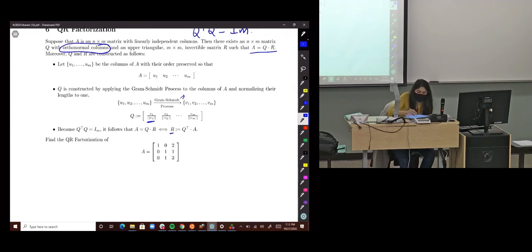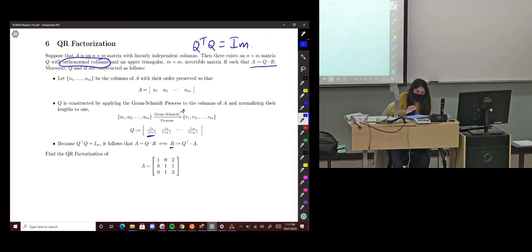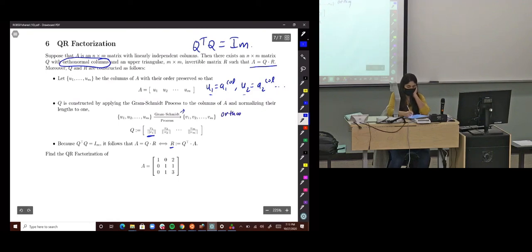So let's say you were given a matrix A which had linearly independent columns. How would you find the QR factorization? Well, you'll take A and you will create a set of vectors U1 to UM, where U1 is the first column of A, and U2 is the second column of A, and so on. Then from this set of vectors, you will do the Gram-Schmidt process and you'll get a set of orthogonal vectors, so V1, V2 to Vm are orthogonal.